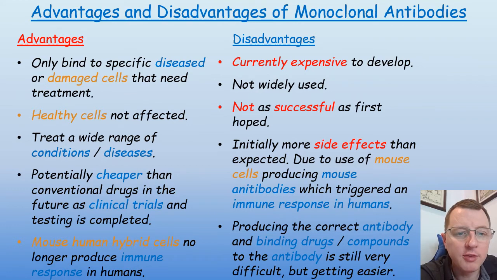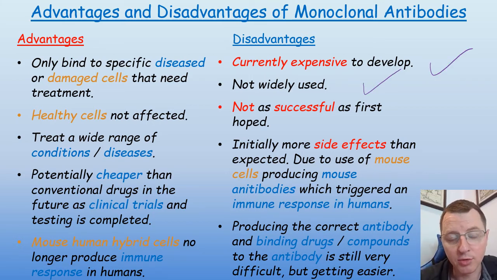So what are the advantages and disadvantages of using monoclonal antibodies? Well, several of the disadvantages are that monoclonal antibodies are currently very difficult and expensive to develop. They're not very widely used and they're not as successful as first hoped.